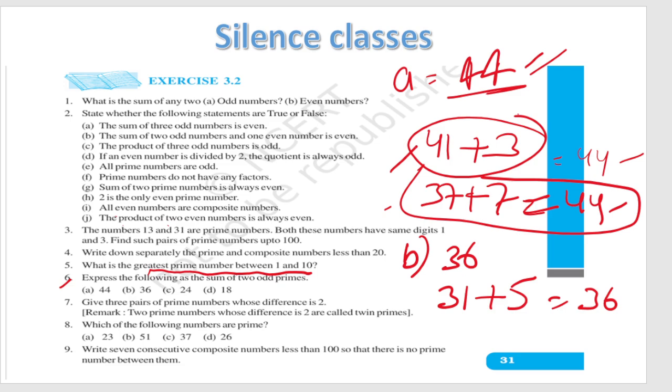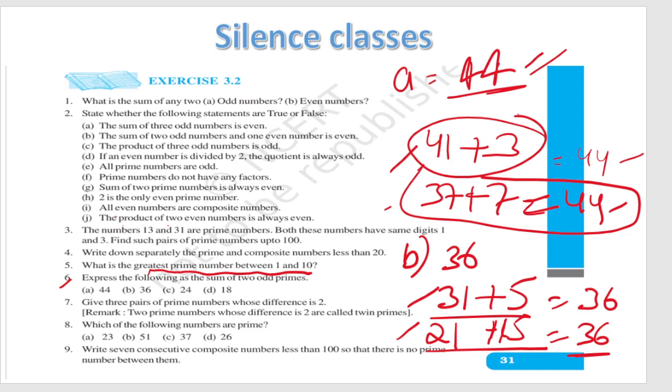And let's say if I take 15 over here, it will come 21. 21 plus 15 is also 36. So these are pairs of odd numbers which we add, and we get the even number, or we can say 36.